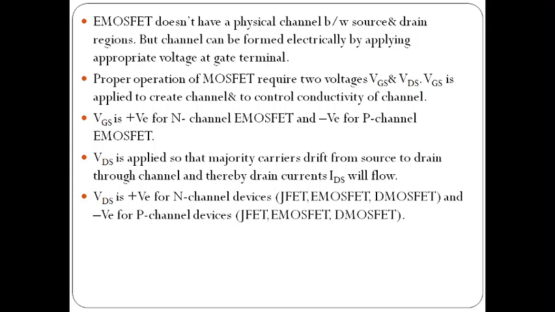We know that VDS, the drain to source voltage, is always applied to drift the majority charge carriers from the source to drain through the channel. Due to that, you will get the IDS value.